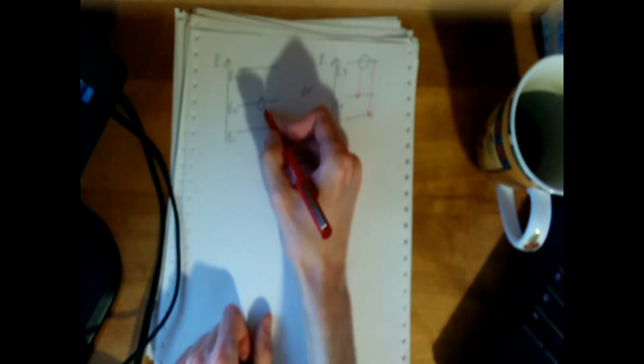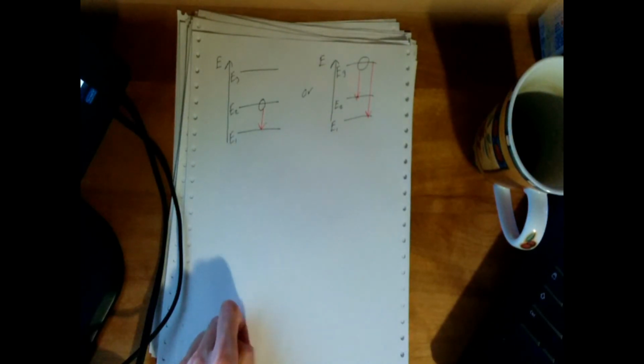It can't go any lower. But if instead it goes to this level, it still has room to go down a little bit more. So if it ends up on this level, it can then again go back down by one level. So there are three different transitions we can have.